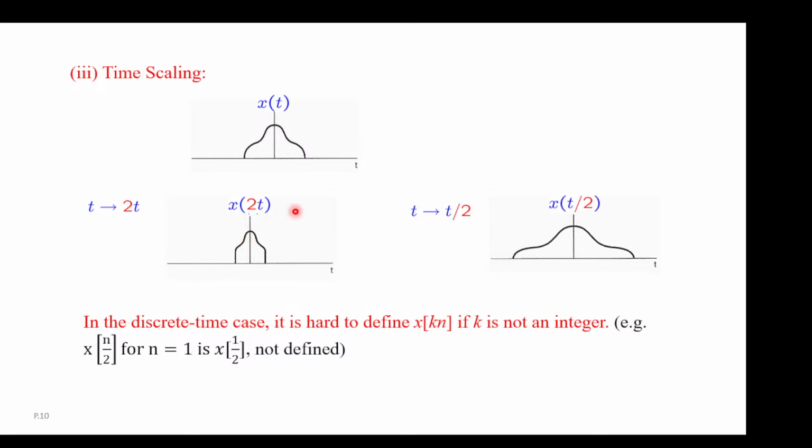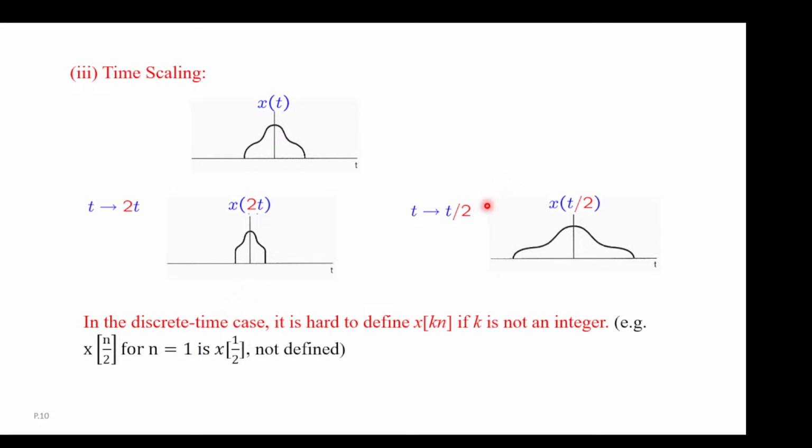Okay, and let's check this. Maybe this point was t equal to 1, and then you see that at t equal to 0.5, you are already at x of 2 times 0.5, equal to x of 1. Okay. So you see that you multiply by a bigger number, then everything happens faster, and the signal gets compressed in.